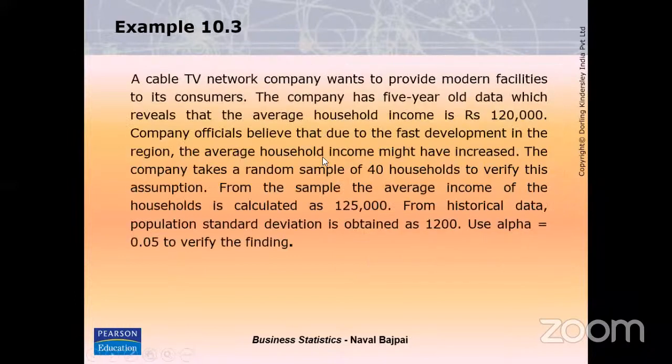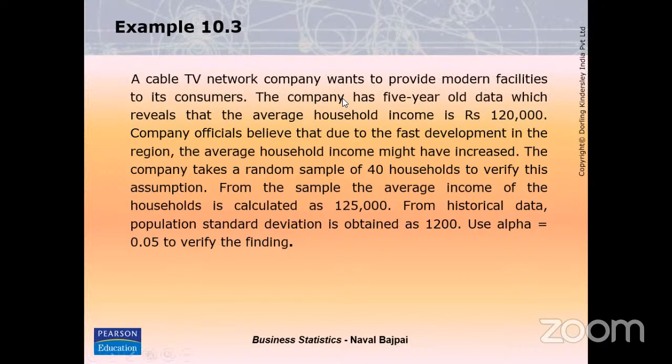A cable TV network company wants to provide modern facilities to its consumer. The company has 5-year-old data which reveals that the average household income is rupees 1,20,000. Company officials believe that due to the fast development in the region, the average household income might have increased. The company takes a random sample of 40 households to verify this assumption.